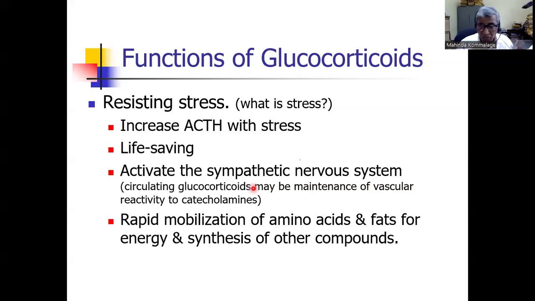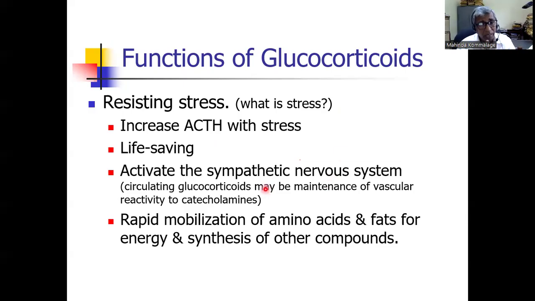When there is any other stress situation in your life, cortisol level increases by the action of ACTH. ACTH is secreted from the pituitary under the control of the hypothalamus. ACTH level will increase, and cortisol, glucocorticoid level will increase, and that might help.